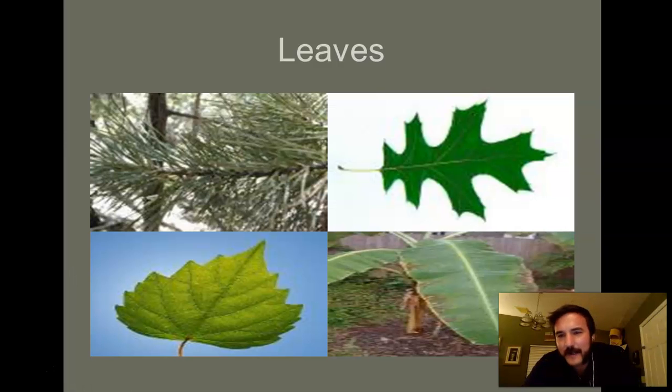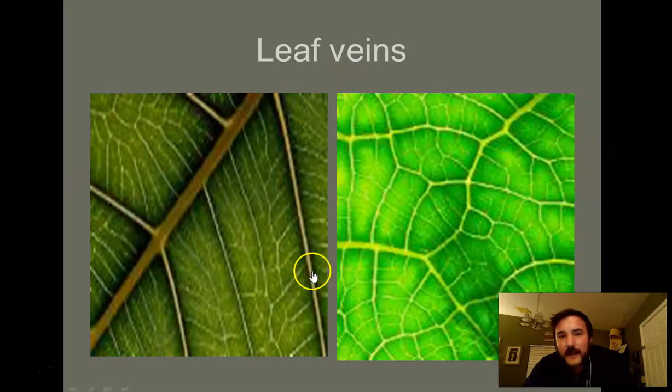Not exactly like our bloodstream, but in the same type of way, it has tubes that transport the nutrients all throughout it to get to every last little cell. All the plants have leaves, even though they look very different. They have a very specific purpose. You remember the chloroplast and the chlorophyll in the plant cells that are in the leaves.